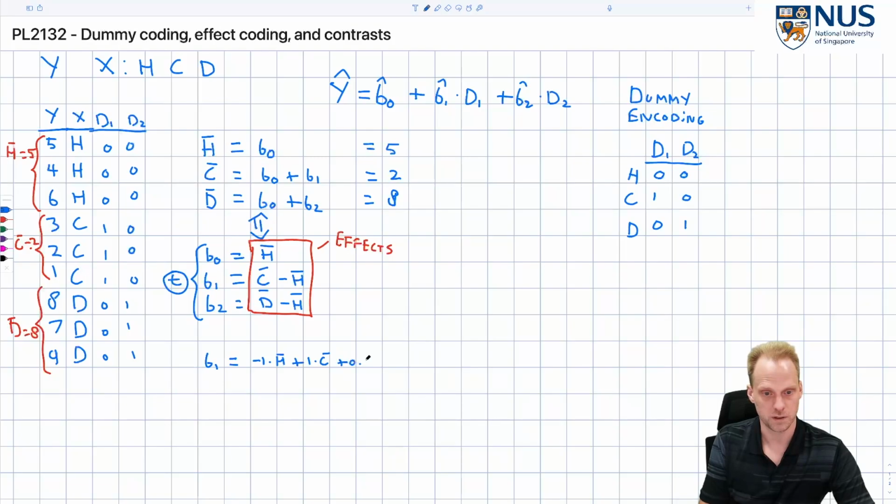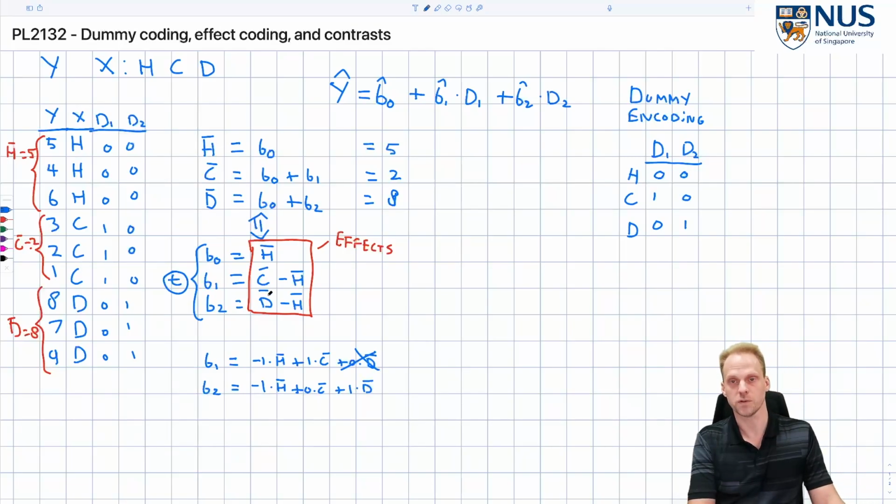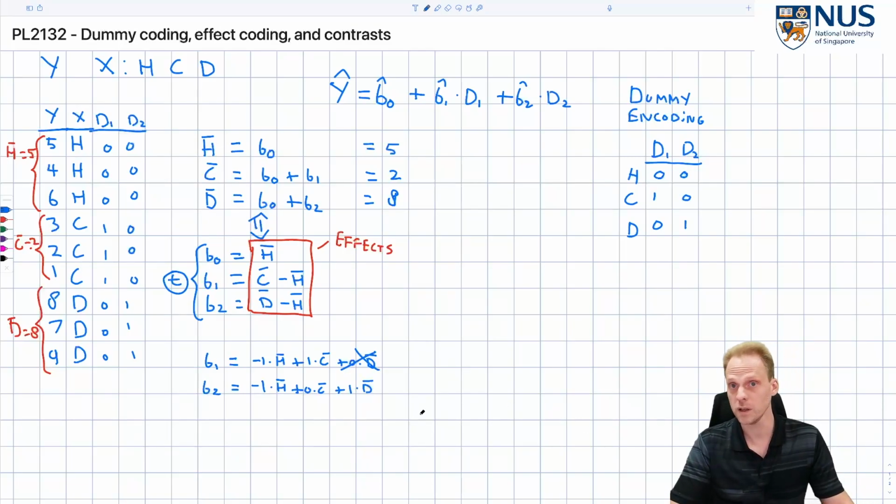Minus 1 times the average of hamsters, plus 1 times the average of cats, that is equal to saying the average of cats minus the average of hamsters, and the 0 term actually does nothing. B2 equals minus 1 times the average of hamsters, plus 0 times the average of cats, plus 1 times the average of dogs. It's just writing this equation in a slightly different way, but it's the exact same thing.